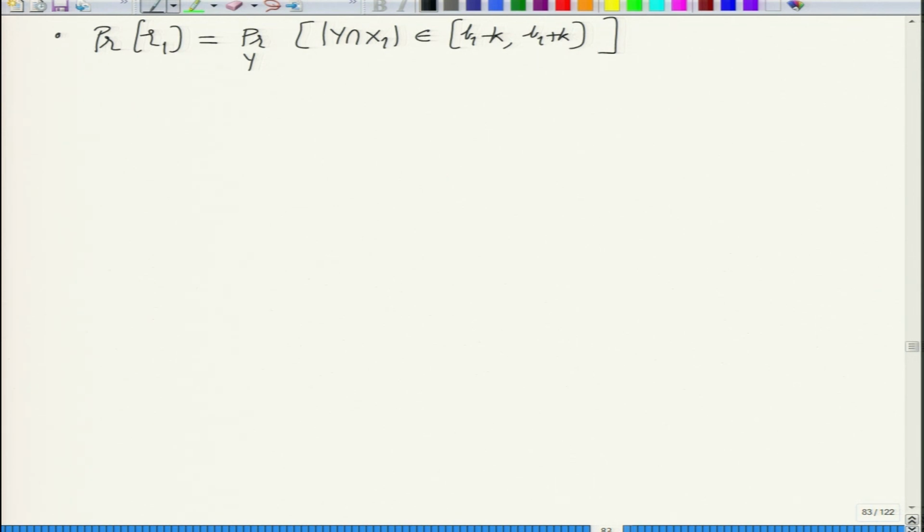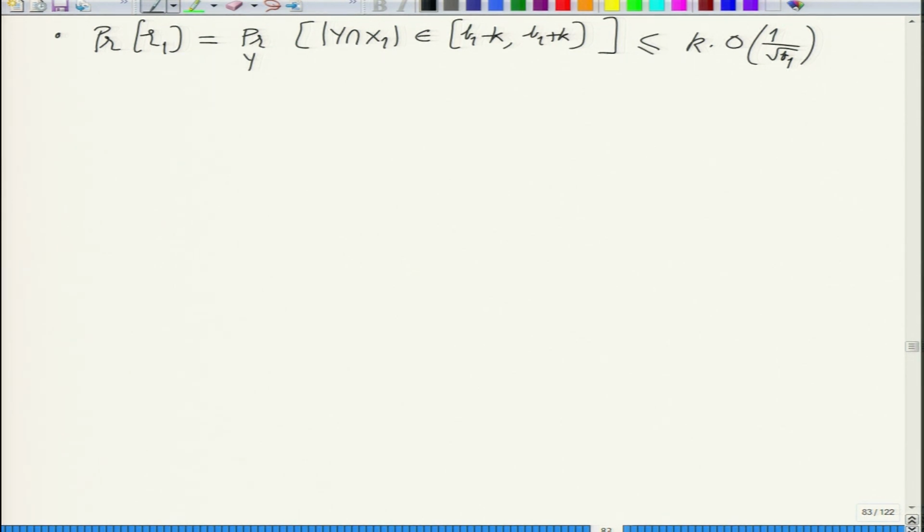So these are essentially 2k values that you are allowing for y intersection x1, and so from the hypergeometric distribution you will get this to be less than or equal to k times order of 1 over square root of, what is the size of the fixed subset? x1 size is 2b1, right? So you will get this.